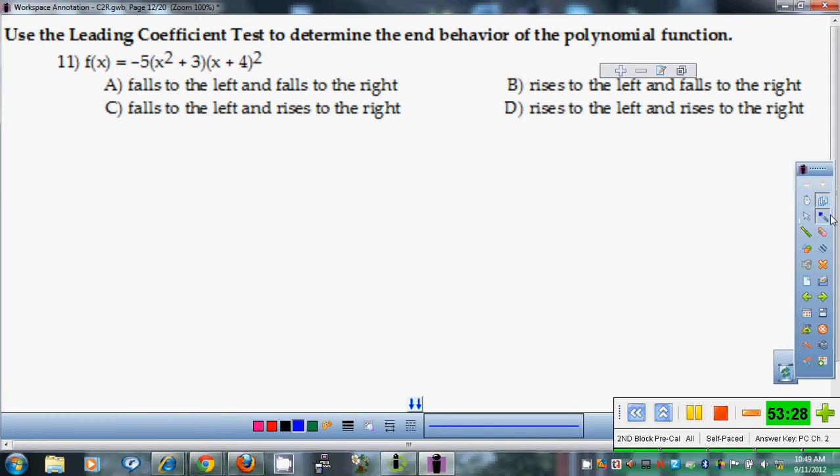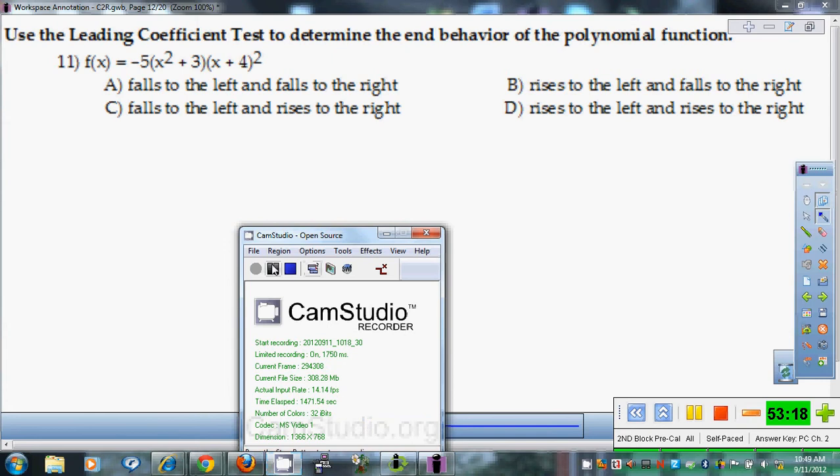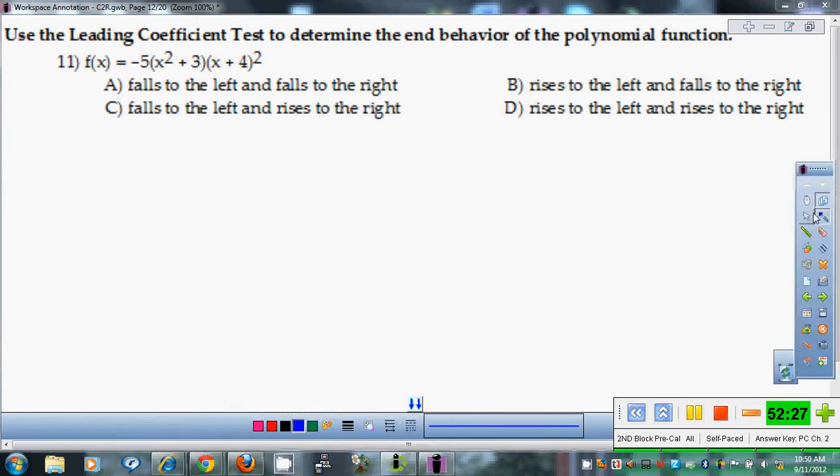Number 11. In end behavior. Why do you think it's A? That's right.